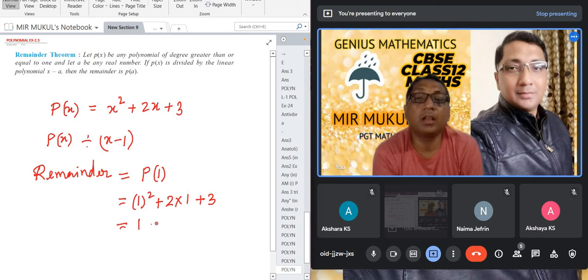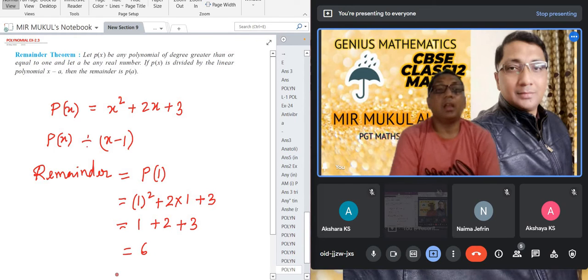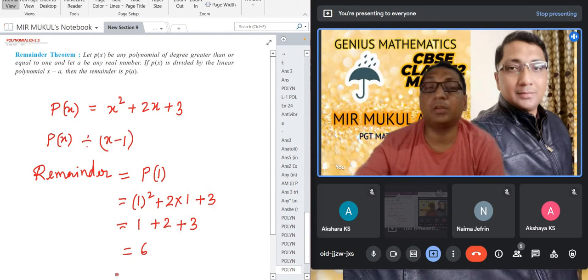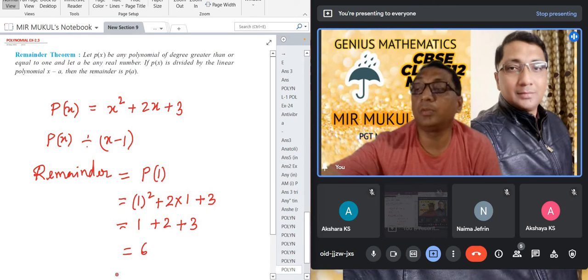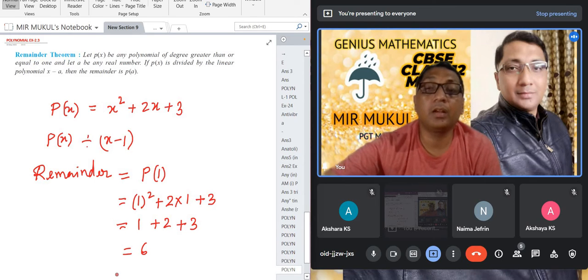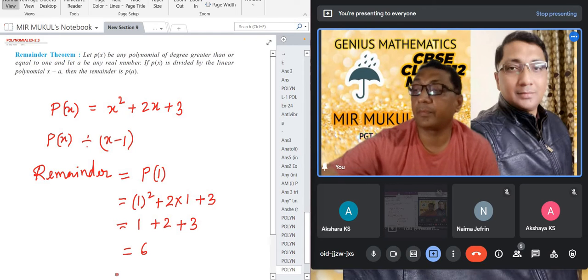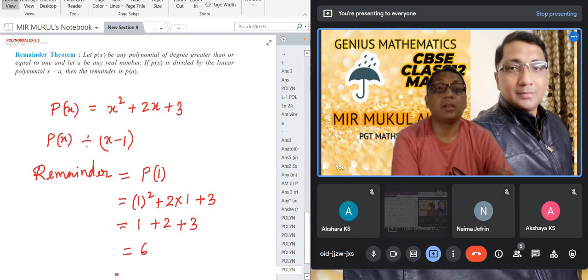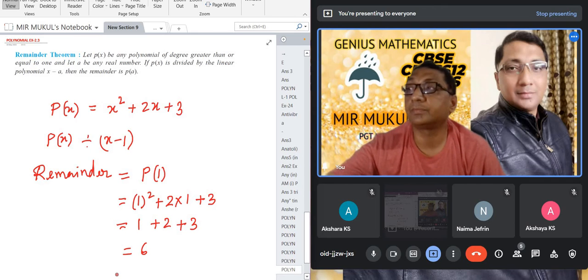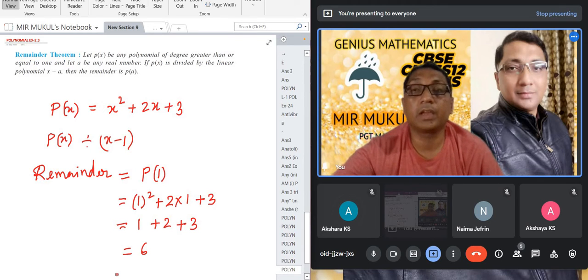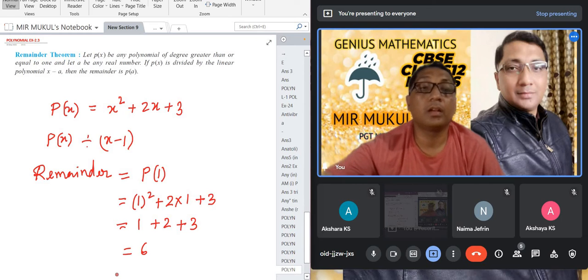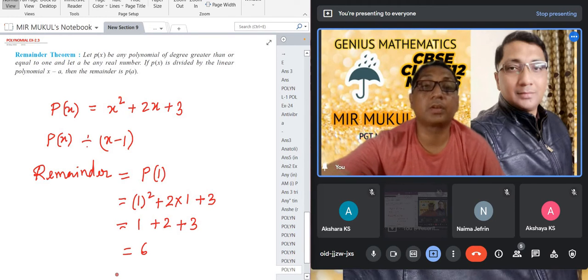So 1 plus 2 plus 3, and we get the remainder as 6. And by the long division method also, you will get the remainder as 6 only. Right? So understood? Yes, sir. Okay, Naima understood? Okay, fine.